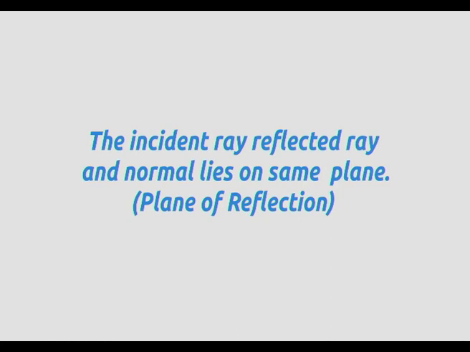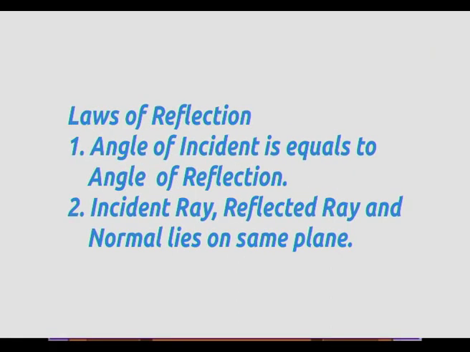So we can conclude from this activity the laws of reflection are: first law, the angle of incidence is equal to the angle of reflection. Second law, the incident ray, reflected ray, and normal lie on the same plane.